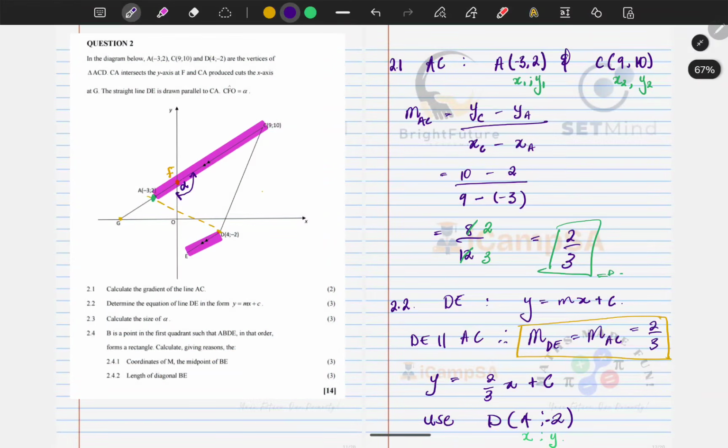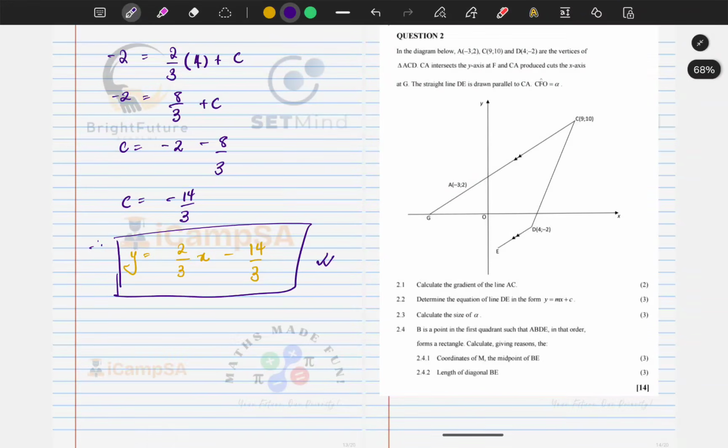And then we are being told to calculate the size of alpha. So this is alpha. In order for us to do that, remember we have the gradient of AC, from 2.1. The gradient of AC is equal to 2 over 3.